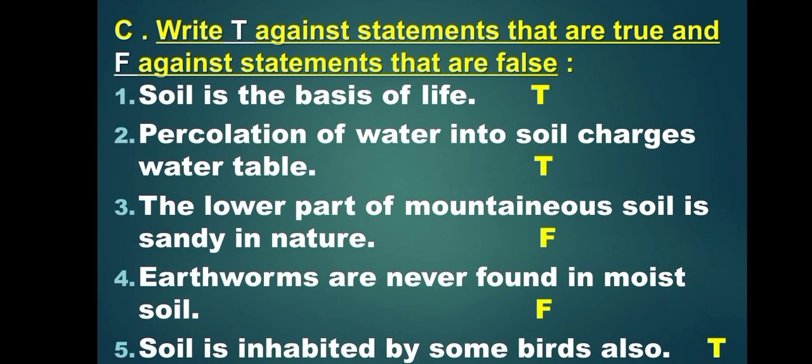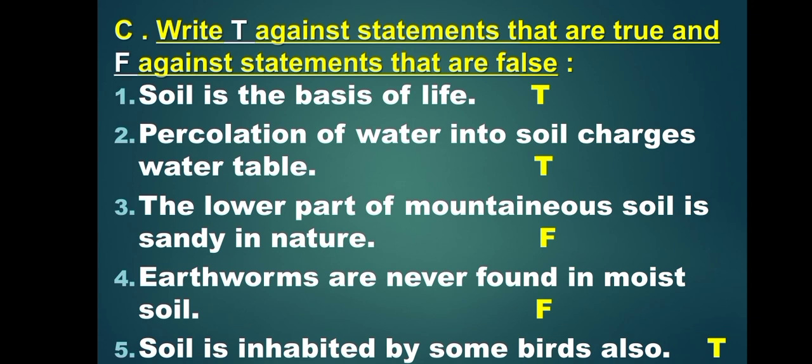The next category question is the true false type, where we have to write T against the true statement and we have to write F against the statements which are false. The first statement is soil is basis of life. Yes, it is true. Next, percolation of water into soil charges water table. Yes, children.